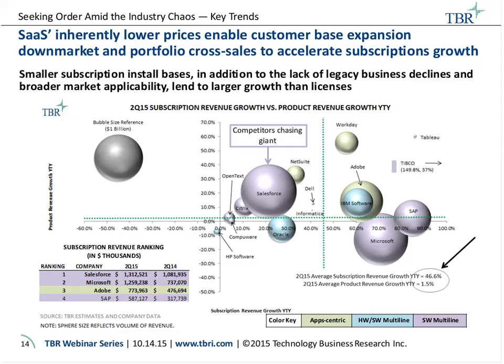So that table shows a little less than $3 million in growth year to year. It would probably be more than that in a more fair conversion. But even just looking at the top three, you can see that Microsoft and Adobe in real dollars are growing faster than Salesforce. So competitors are really chasing Salesforce as the giant in the market, and they're making up some of the gap there.